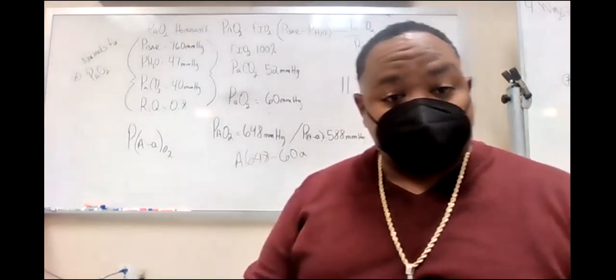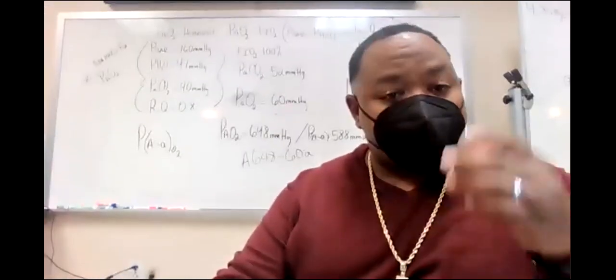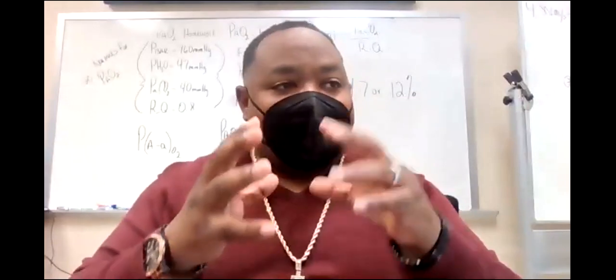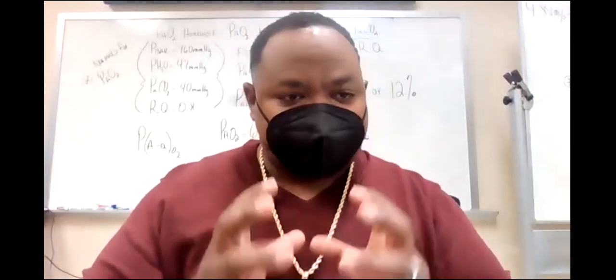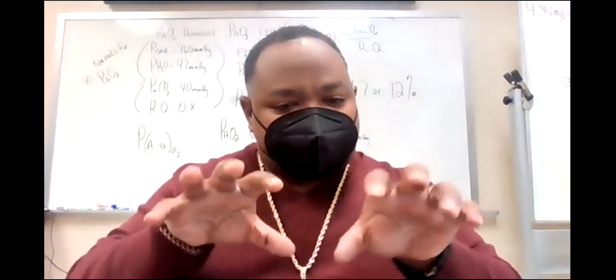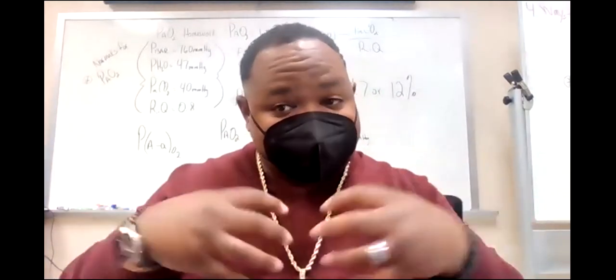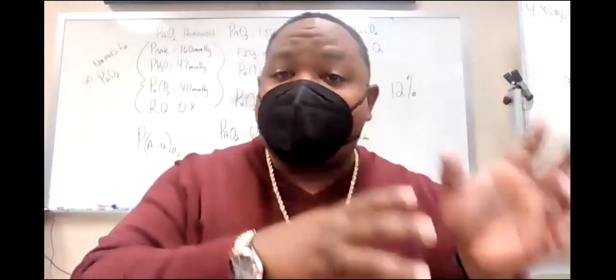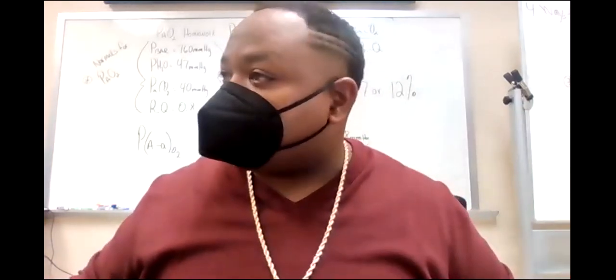That is the AA gradient. That's talking about the pressure of alveolar oxygen tension. How much pressure is oxygen exerting inside the alveoli? And is that oxygen pressure transferring into the arterial pressure?